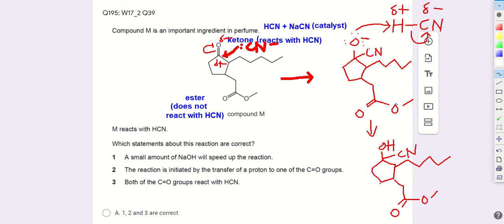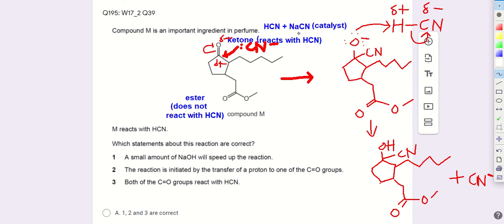Now let's go back to the question: why do we need the cyanide ion? HCN itself is a very weak electrolyte, a very weak acid. It does not dissociate that much, so we do not have enough cyanide ion if we only use HCN. So we need the cyanide ion to kickstart the reaction.